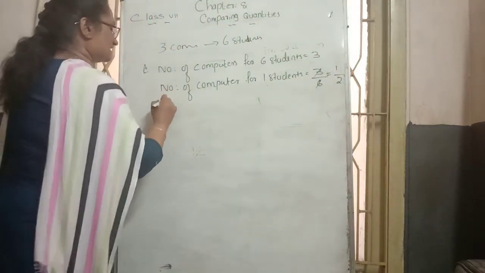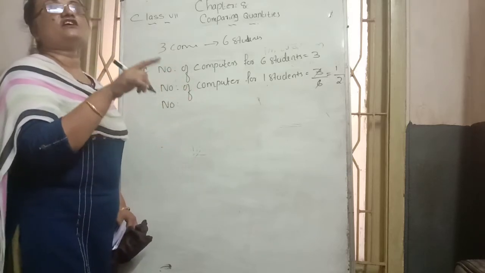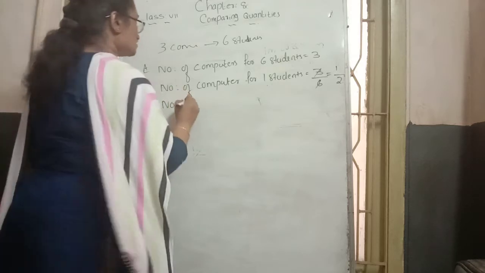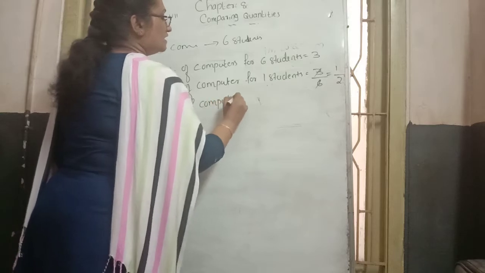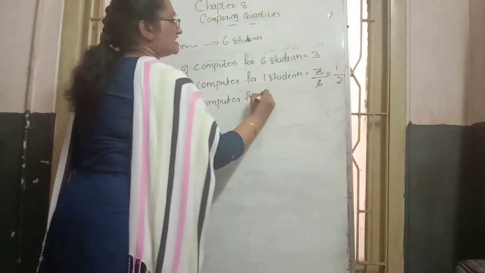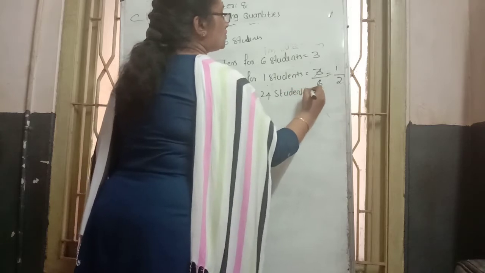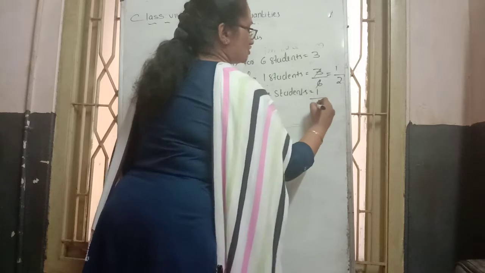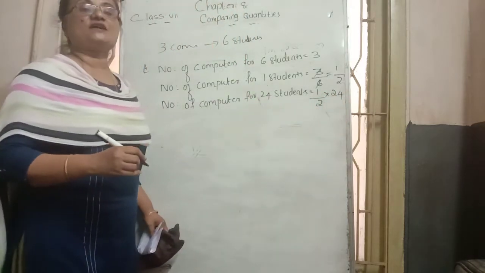Then find what they ask: the 24 students case. The number of computers required for 24 students: one student case is 1 by 2, so for 24 students we multiply with 24.